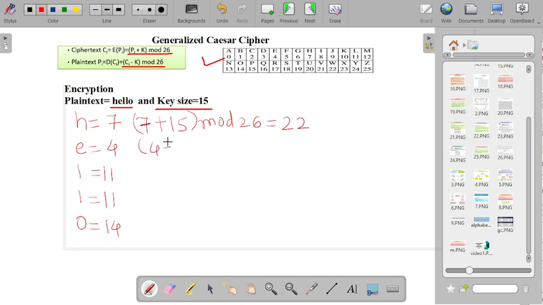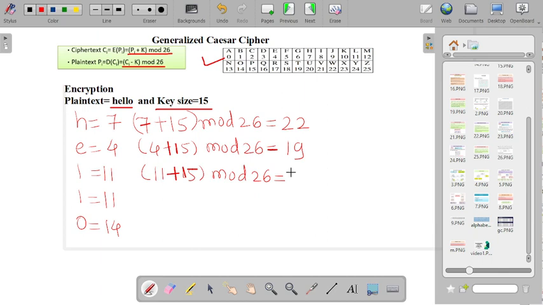Now 4 plus 15 mod 26. That is 19 mod 26, which is equal to 19. Then 11 plus 15 mod 26. In this manner we have to calculate it for all the letters.